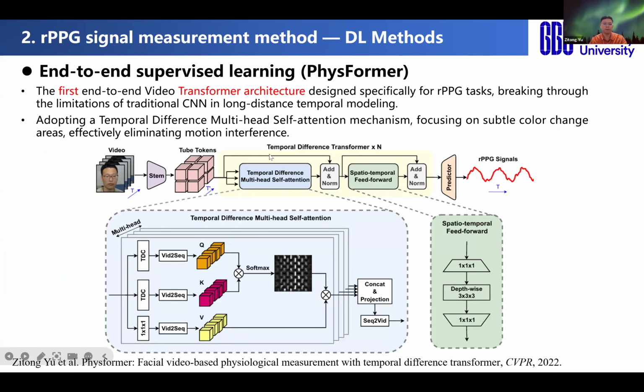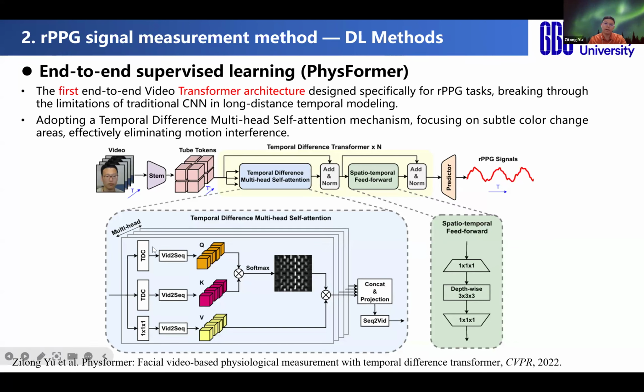After that, we also try to use the transformer architecture to help capture long-distance temporal modeling. For example, we design a temporal difference multi-head self-attention model. What is our contribution? On one side, we design a temporal difference convolution, which can enhance the local spatial-temporal rPPG information.